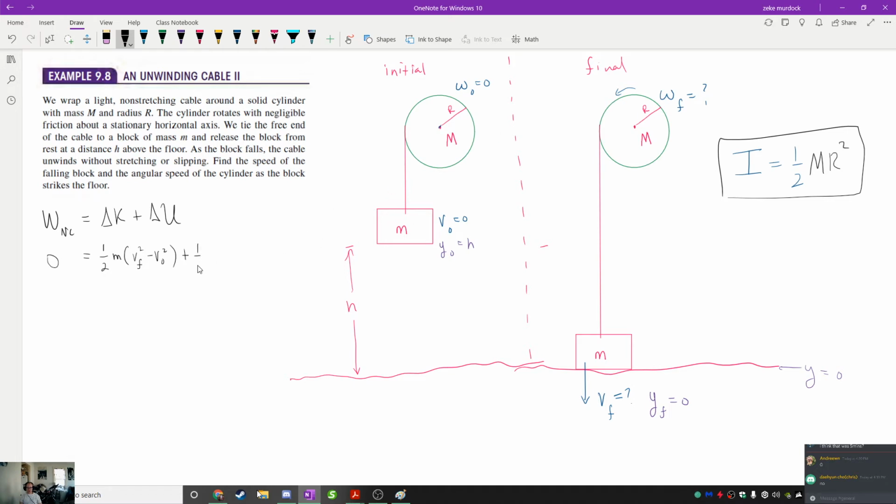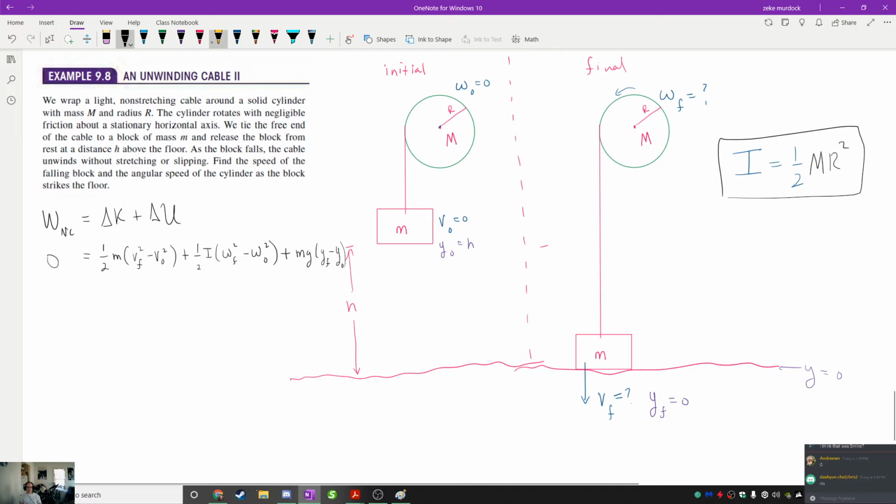So we'll have 1/2 I omega final squared minus omega initial squared for the disk, plus, now the big disk doesn't move, but the other object does, so we'll also have mg times y final minus y initial.